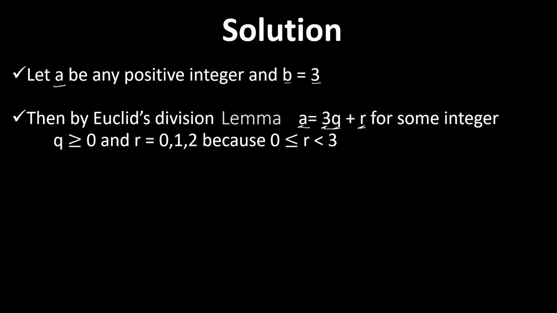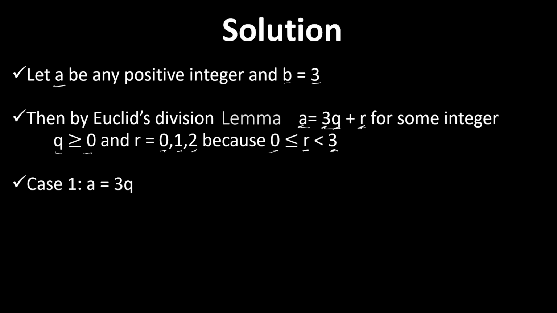For some integer q which is greater than or equal to 0, and the possible values of remainder are 0, 1 and 2, because r is greater than or equal to 0 and less than 3, which means remainder is greater than or equal to 0 and less than the divisor.